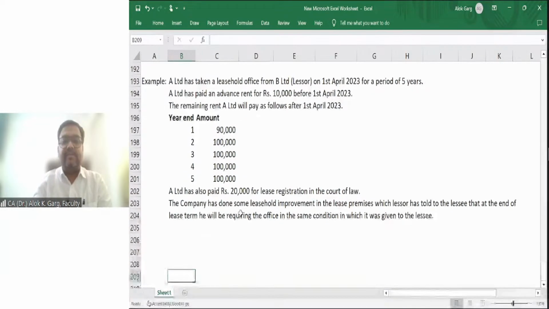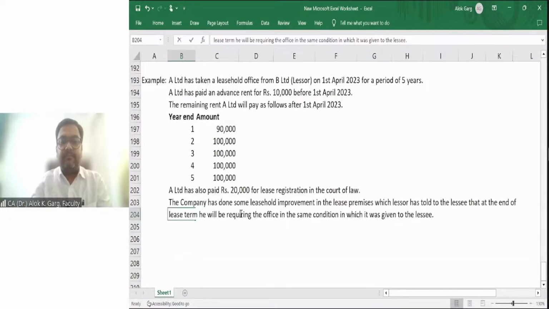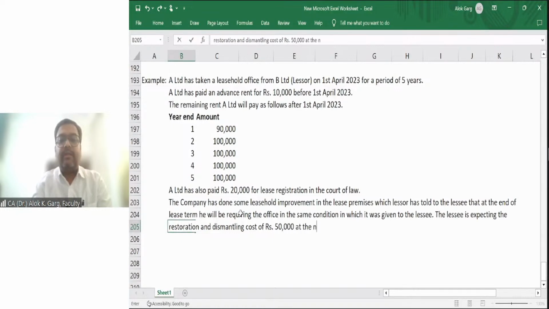It was given to the lessee. The lessee is expecting the restoration and dismantling cost of rupees 50,000 at the end of the lease term.